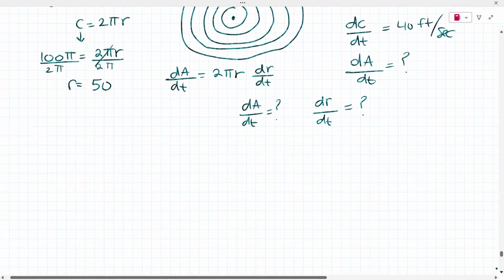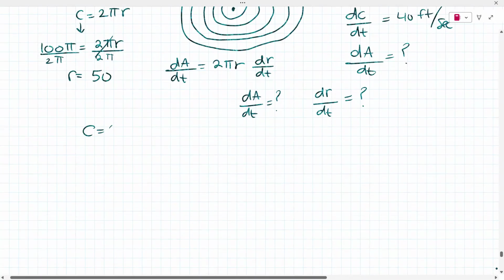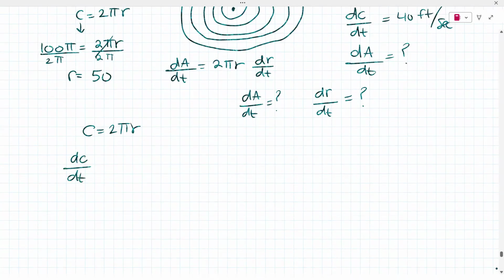And we also know that the circumference of a circle is C equals 2 pi r. So let's take the derivative. What's the derivative of C with respect to time? That would be dC/dt. What is the derivative of 2 pi r?